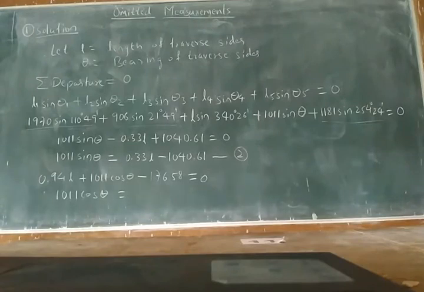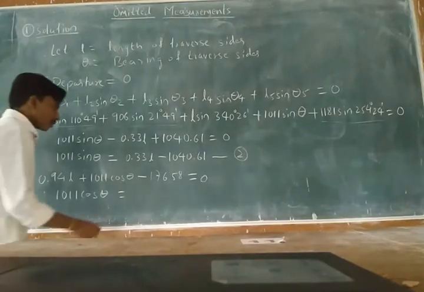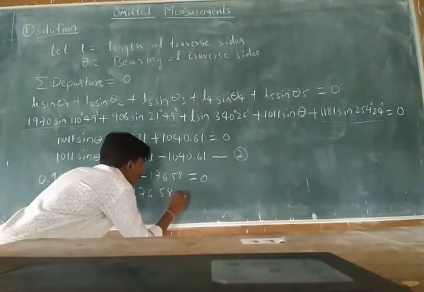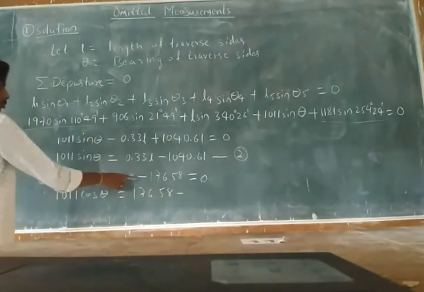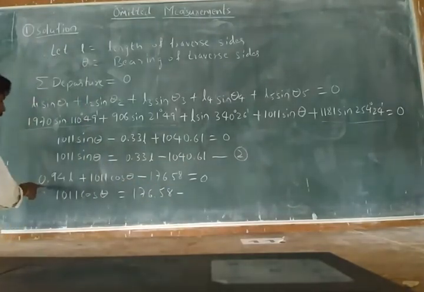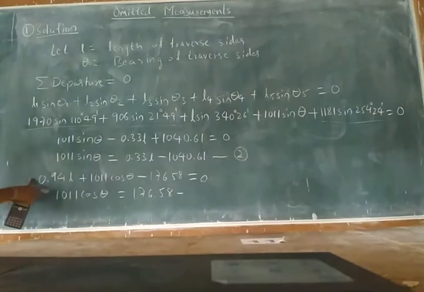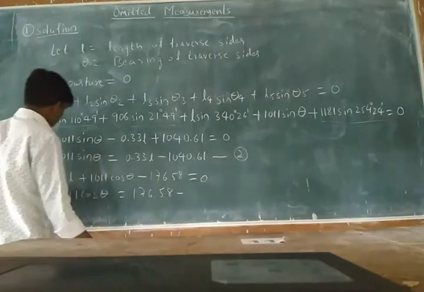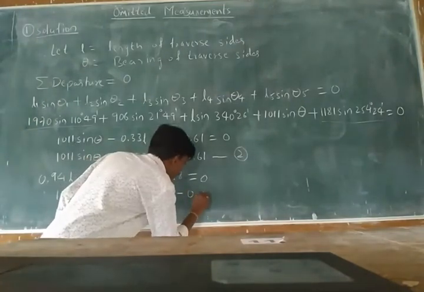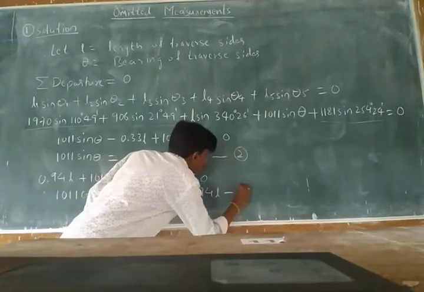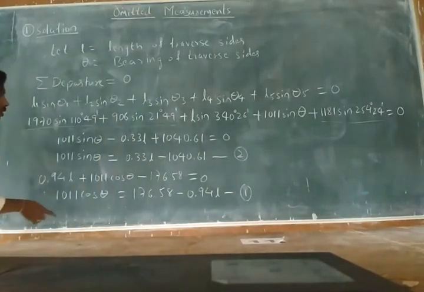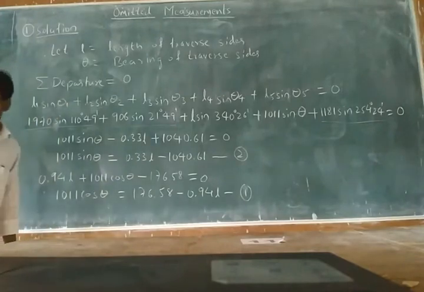That will become 176.58 minus, so if it goes that side it will become positive, and 0.94 here it is positive. If it is transferred to the other side this will become negative, so minus 0.94L. So this will be the first equation. So now you know the equations, first equation and second equation.